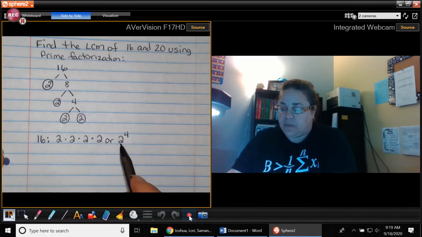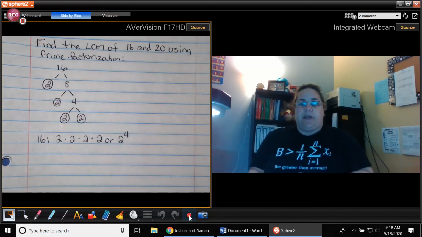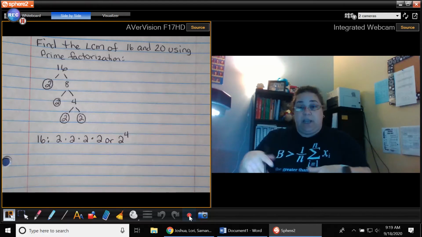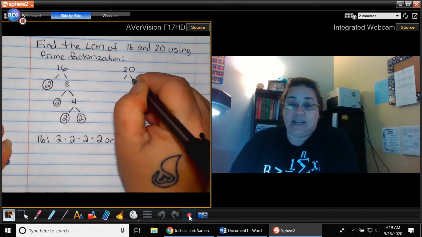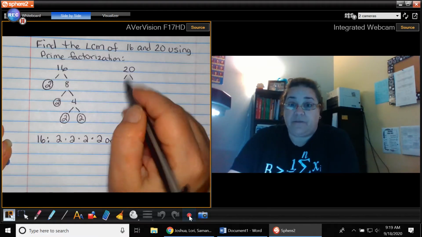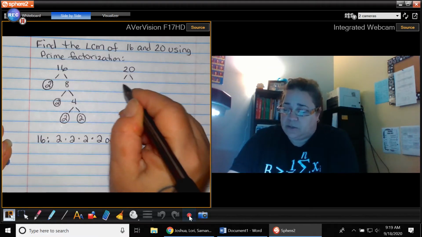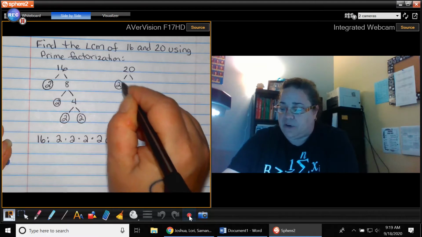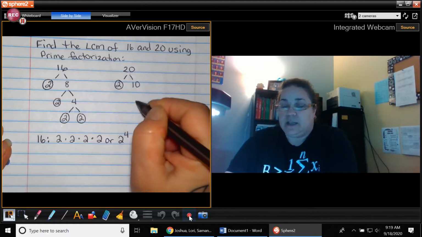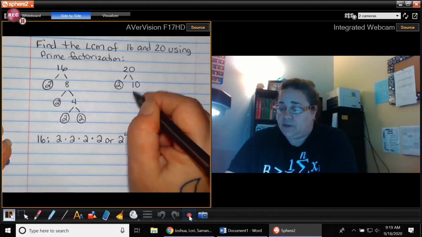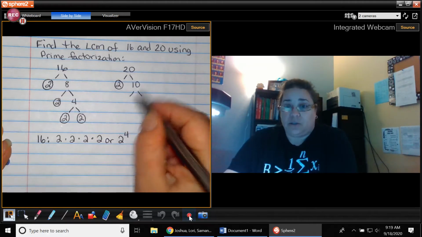So 2 is my base, 4 is my exponent. Okay. Let's do 20. Again, I'm going to use 2 because 2 is a factor of 20 and it's prime. I like to use that prime number so I can kill that branch. 2 goes into 20 10 times. 10 is not prime, so I'm going to continue. And 2 is also a factor of 10.